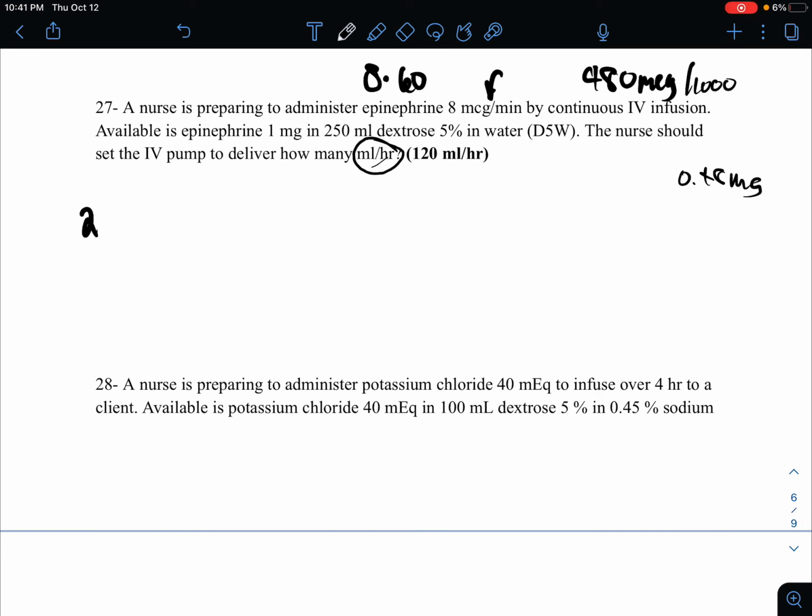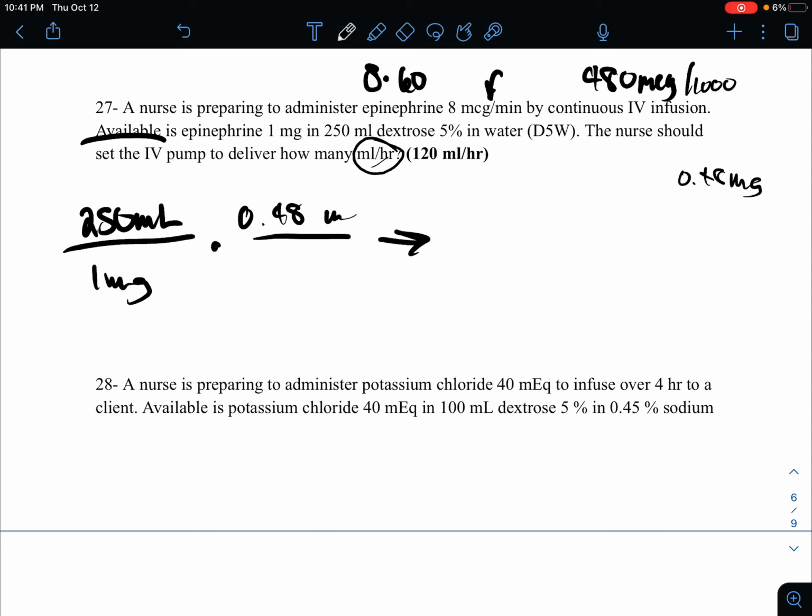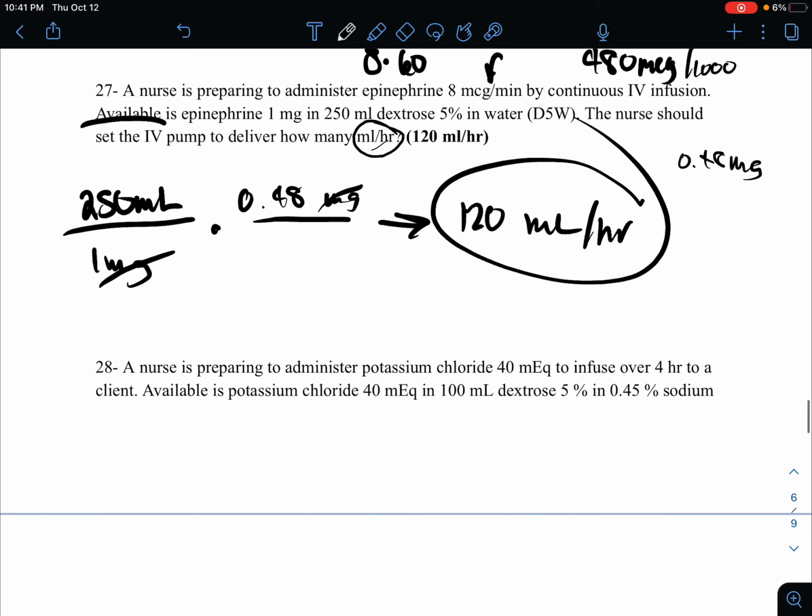So we'll do 250 milliliters, because what is available always goes first, over 1 milligram, times 0.48. The milligrams cancel out, and we're left with milliliters. So 250 times 0.48 equals 120 milliliters an hour. And that is how you do that problem.